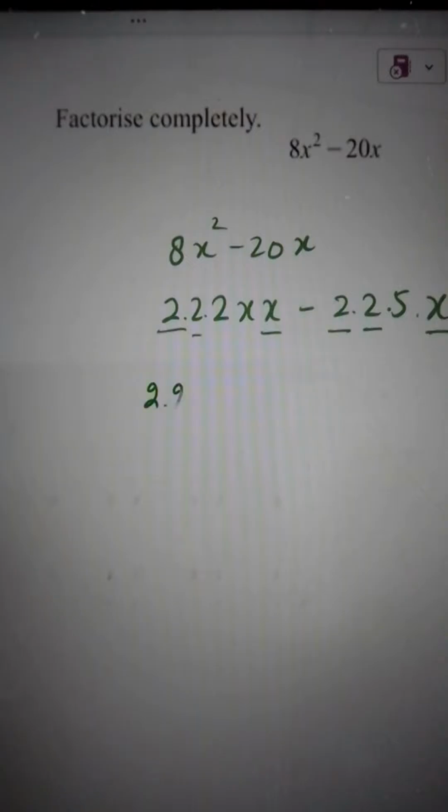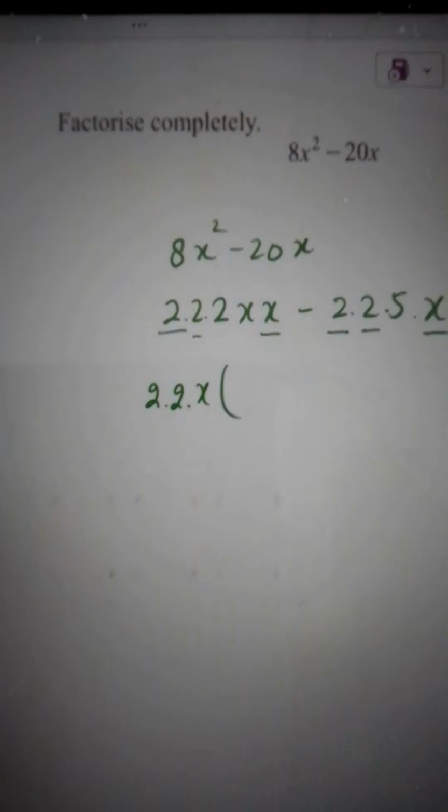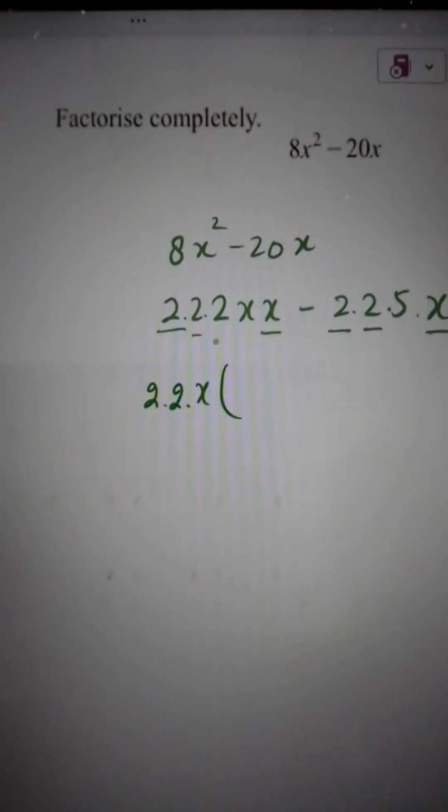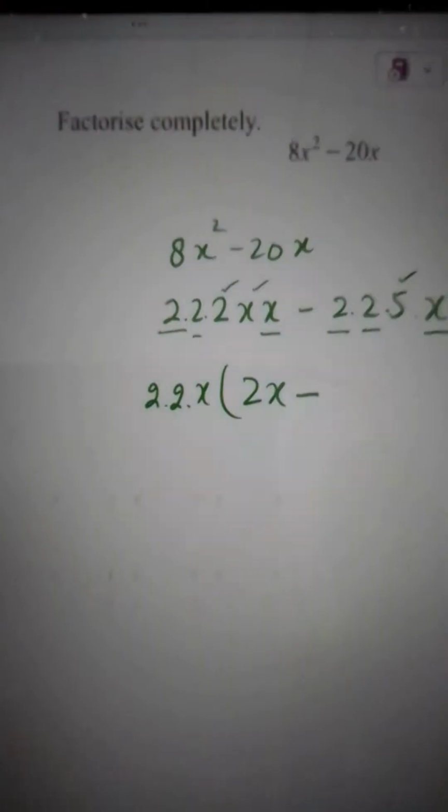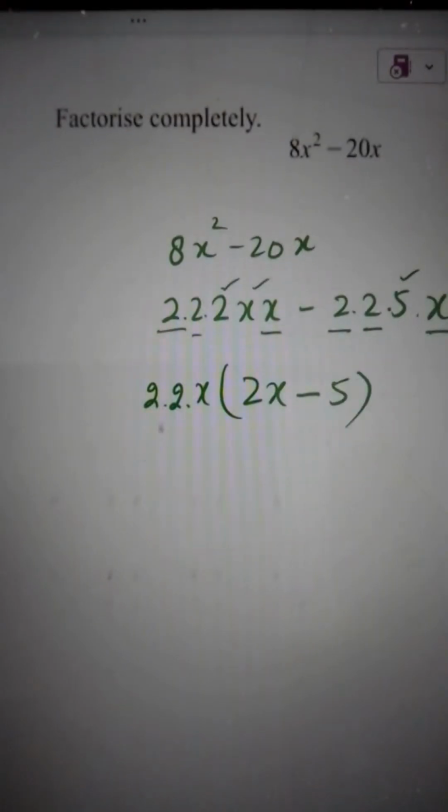Two 2's and 1 x are written outside. In the bracket will appear 2x from here, and minus 5. So the factorization is 4x multiplied by 2x minus 5. So this is completely factorized.